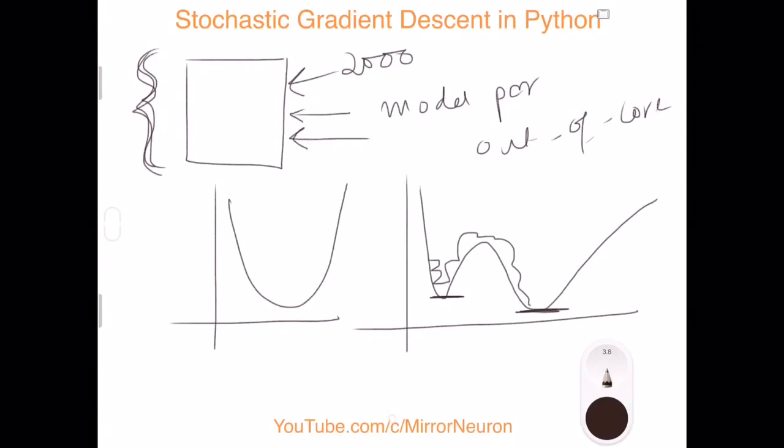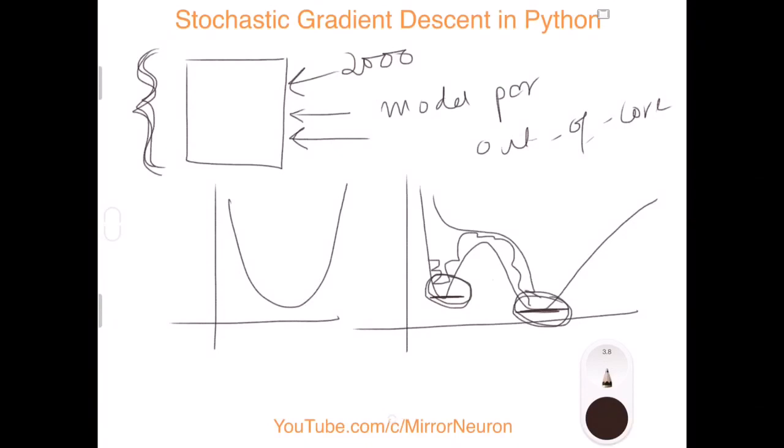If we had taken the entire batch of data, chances are my code could have been stuck here, but my main objective is to reach the global minimum. So that is the second benefit of stochastic gradient descent. Because it is taking random samples, I have a higher chance of reaching the global minimum.